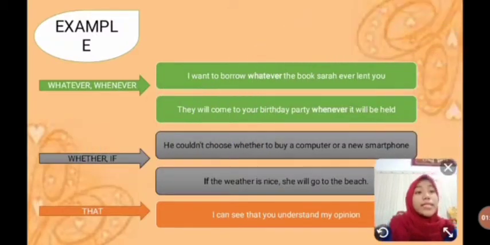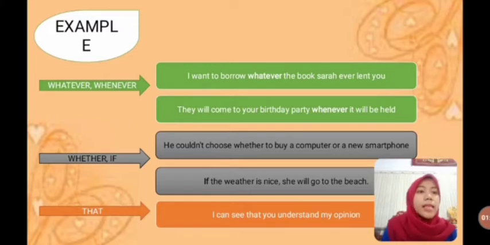These are some examples again of whatever, whenever, whether, if, and that. The example of whatever is, I want to borrow whatever book Sarah lent you. The example of whenever is, they will come to your birthday party whenever it will be held.